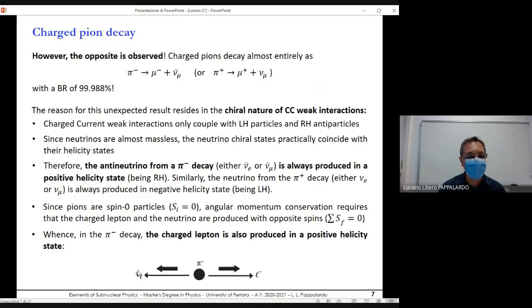But we know that the antineutrino has to have a positive helicity because it is right-handed. So the spin direction of the antineutrino is fixed by this, and it is parallel to its momentum. And so the only possibility for the spin of the electron is that it is also aligned with the momentum. Is that clear?